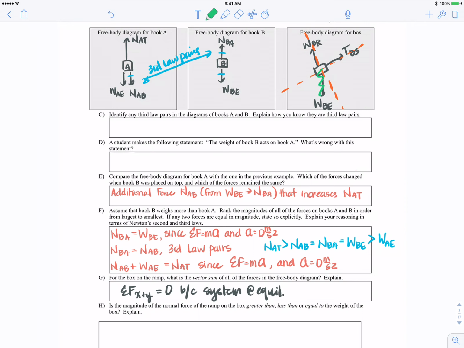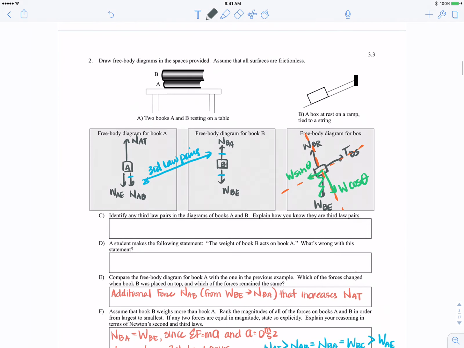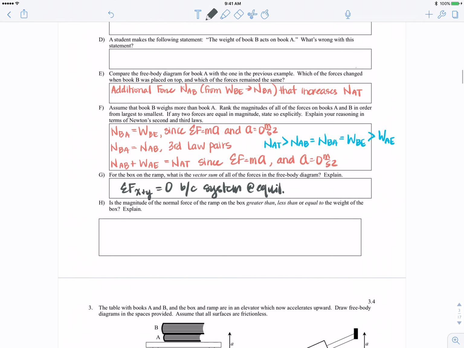So once we resolve it here, we get W cosine theta and W sine theta, and that's because of the ramp right here. Okay, so this angle is this angle, and so we are resolving weight onto the x and y axis.